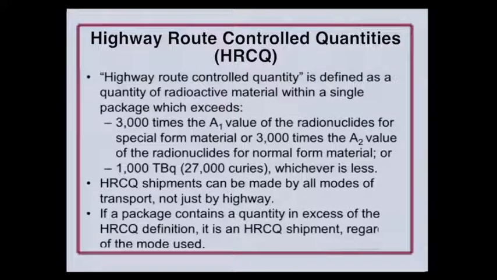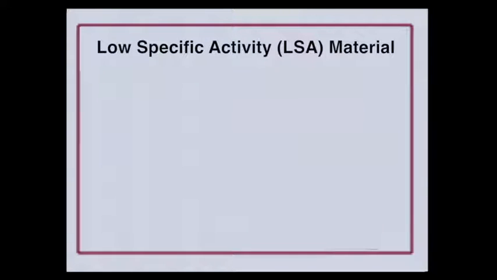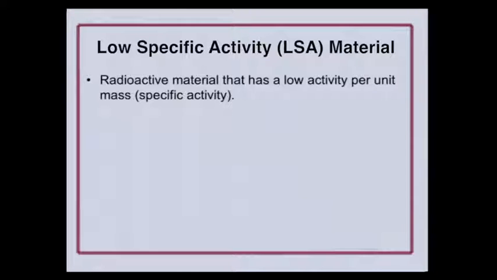Okay, I've got two more I want to talk about, and we will be finished. I've already introduced it when we talked about the outline. We said we're going to talk about LSA and SCO. Well, let's define it. LSA means low specific activity material. And as you might suspect, the definition is radioactive material that has a low activity per unit mass, or low specific activity.